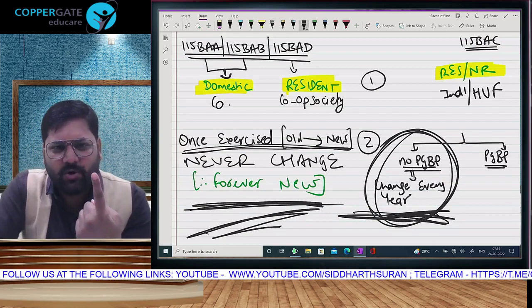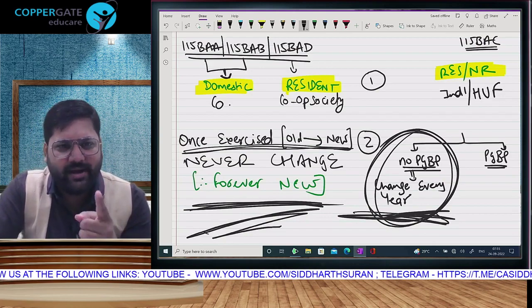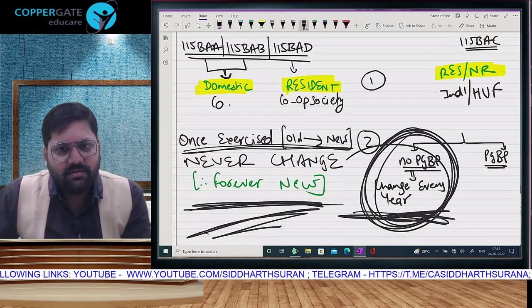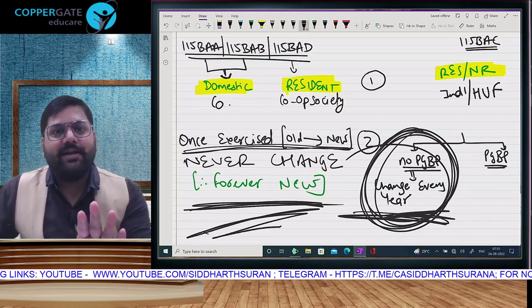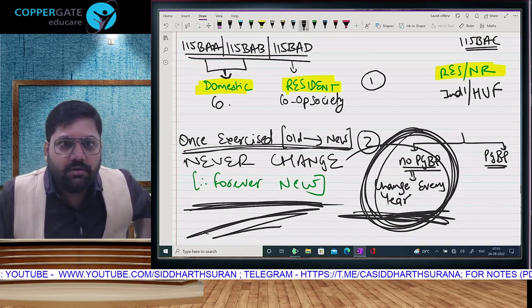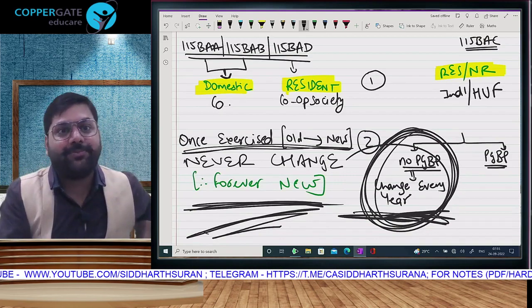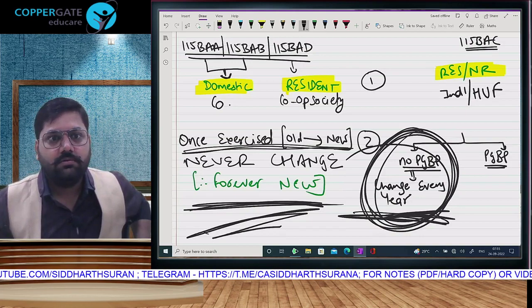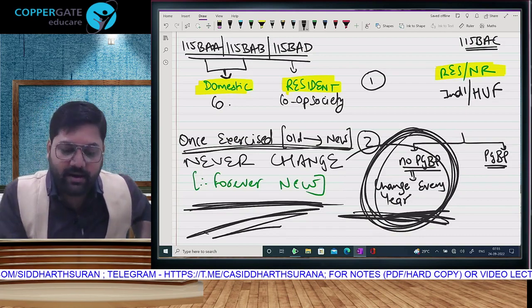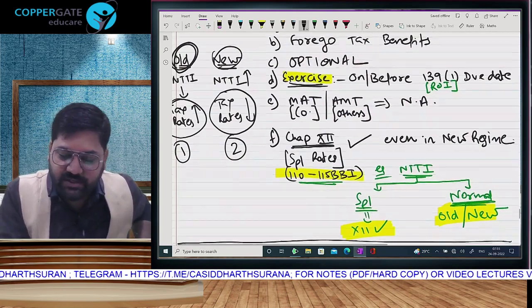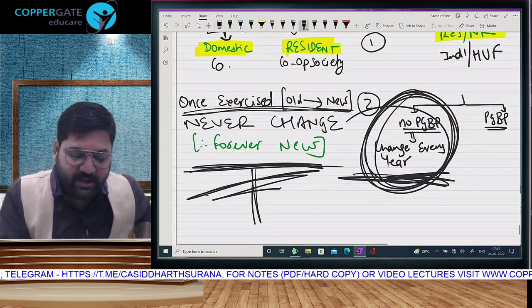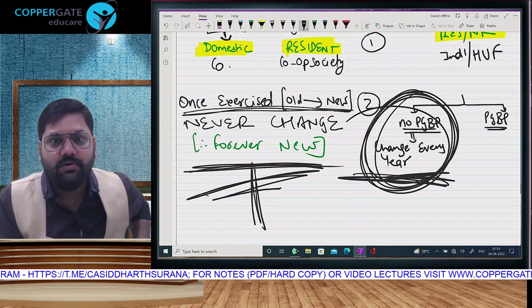I'll say something orally. If you think you need to write it, you write it. Can we exercise the option every year? If you are in old, by default you are in old. If new is your option, then it has to be before the due date of return filing. But that we are already aware, no? That is the common feature. Whenever you want new, see, these people can take new only once, then they are by default in new.